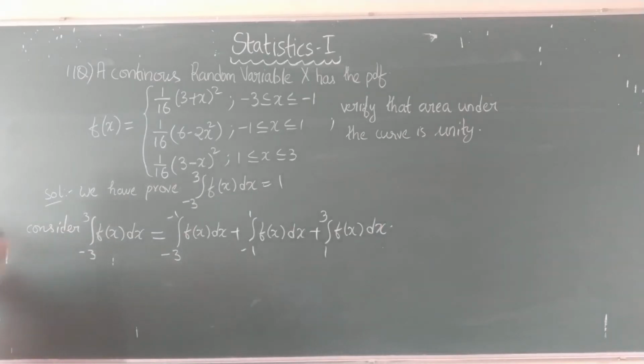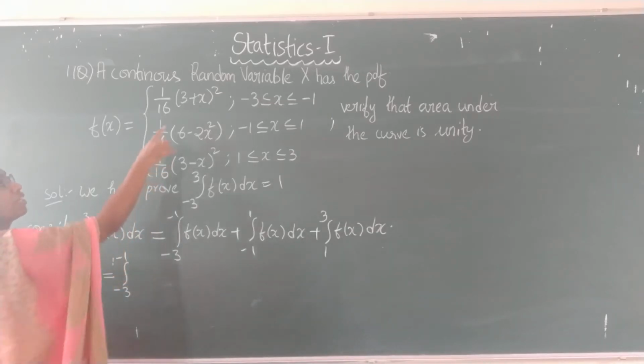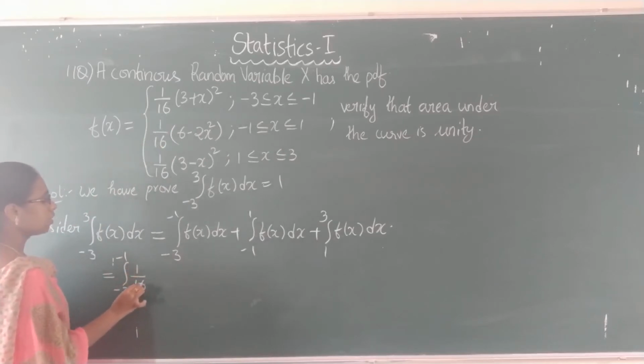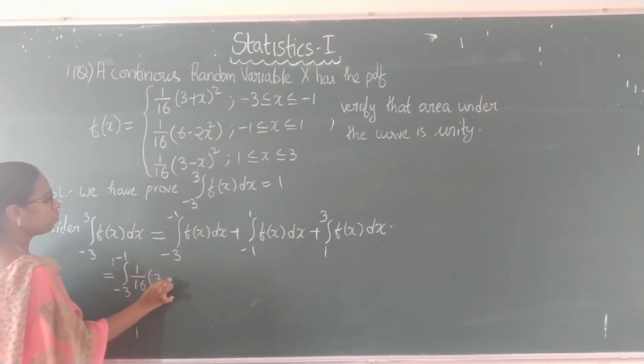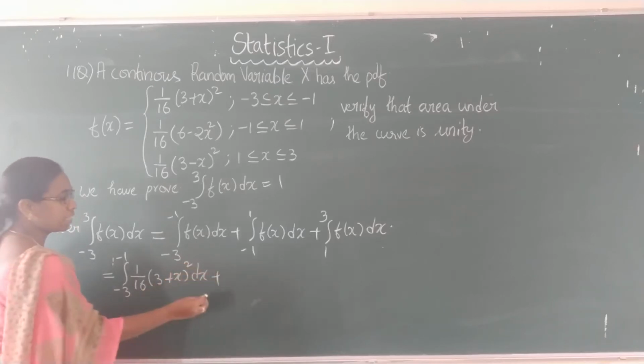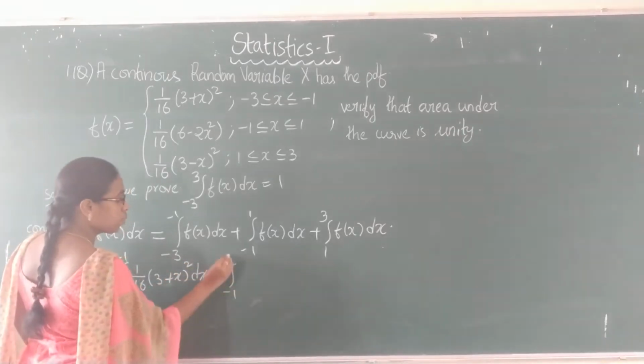So now substitute the corresponding functions, which is equal to integral over -3 to -1. Between the limits -3 to -1, what is the f(x) value? 1/16 into (3 plus x) whole square dx plus second is -1 to +1.